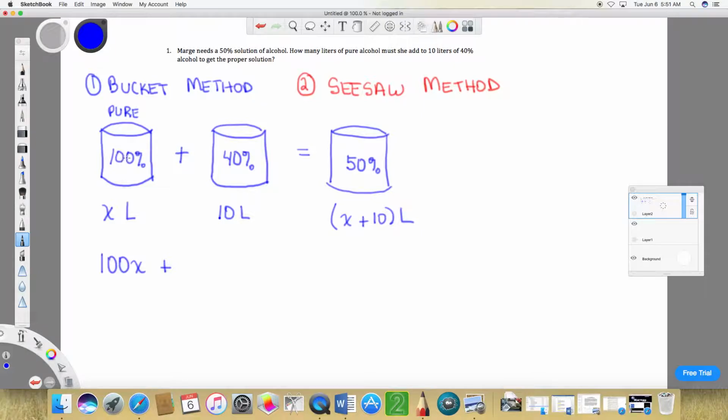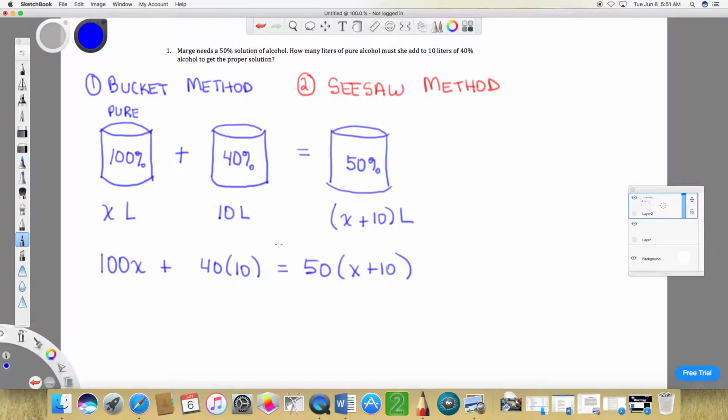Now, sometimes people will move the decimal point over two places, but since you'd have to do that for all three terms, I'm just going to go ahead and drop the percent symbol and write it as an integer. So here I have 40 times 10, and this equals 50 times the quantity x plus 10.